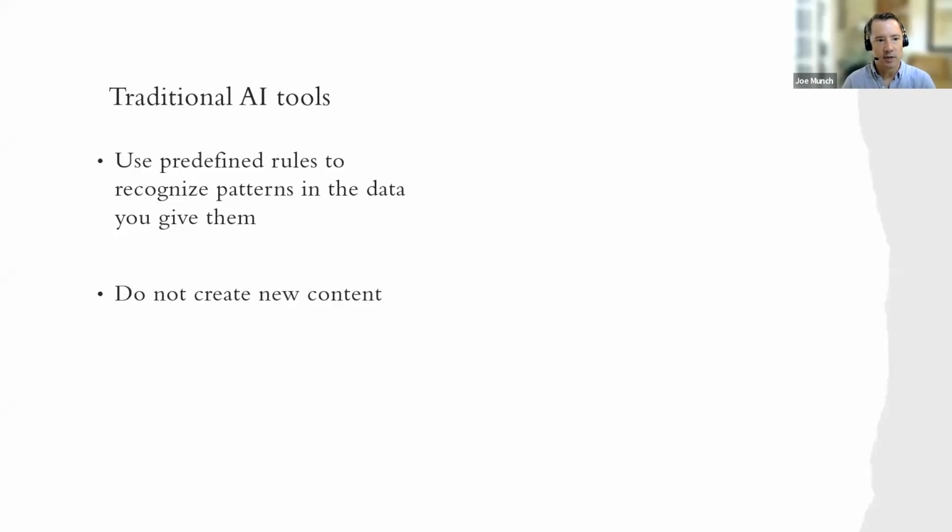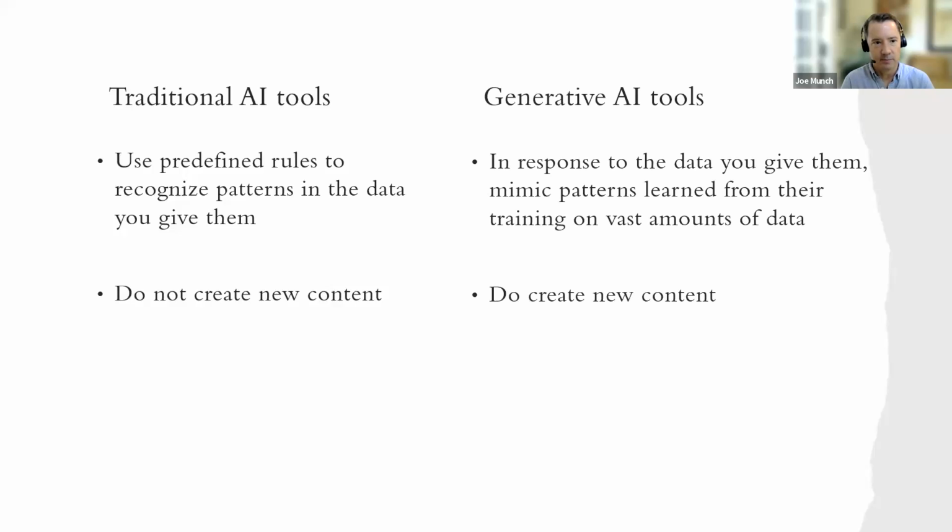Now, we've moved on from these tools at light speed, really, in the past couple of years to what's called generative AI. And generative AI goes above and beyond traditional AI because generative AI, rather than just using rules to check your information, uses its training on these vast amounts of data to actually provide you with, for lack of a better term, new information.